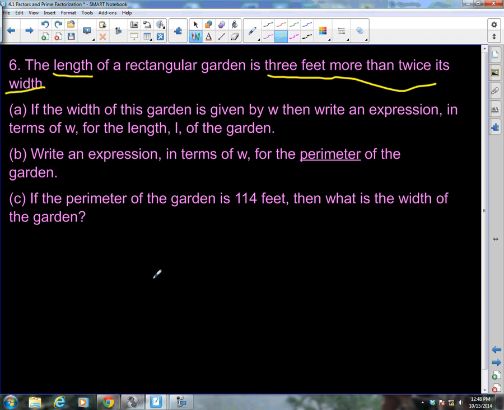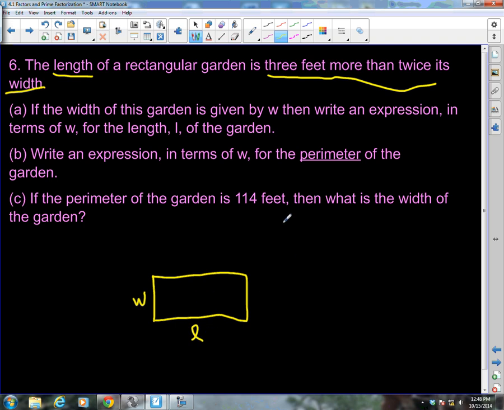We have a rectangle here, and I'm just sketching. The width is given by W. Well, the length is L, okay? Width and length. Now it says write an expression in terms of W for the length, meaning instead of L, we want to write something that has a W in it.